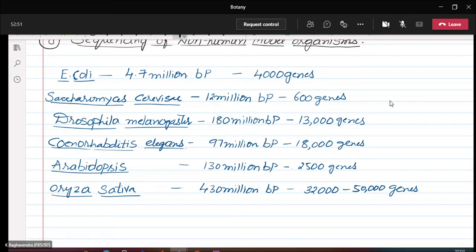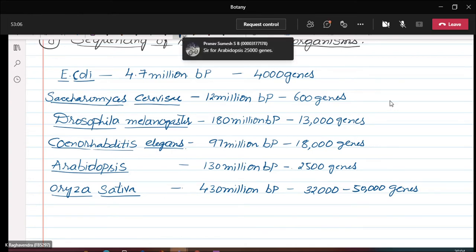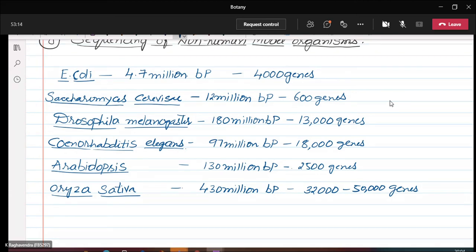Okay. Denilda, what is the second goal? Sir, to determine and sequence 3 billion base pairs of human DNA. Okay. To determine, right. What is the third goal, Aishwarya? Very good. To store information in databases. Okay, Pranav, it is 25,000.